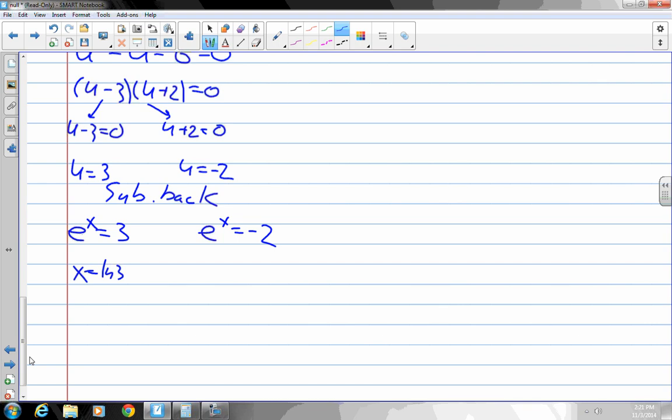How about that one? So the equation e to the x equals 3 gave us a solution x equals ln of 3. How about the equation e to the x equals negative 2?